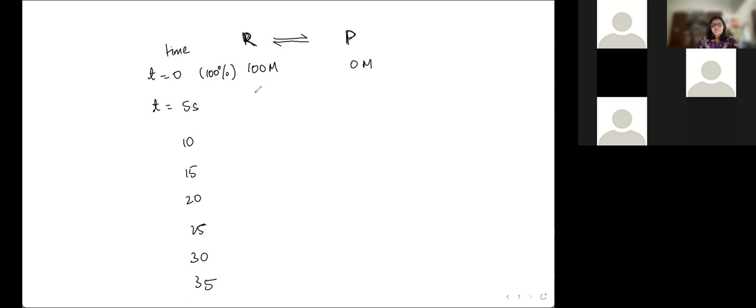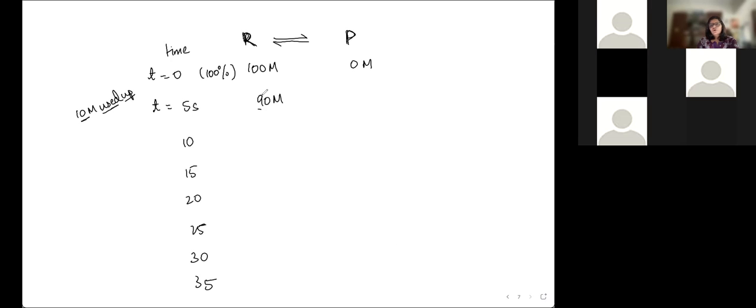So let's say 10 moles of the reactant got used up. If 10 moles are reacted, how much would you expect there to be left in the vessel? If you calculated the concentration of the reactant, what will it be? 100 minus X moles. I'm saying 10 moles have been used up. 90 moles.